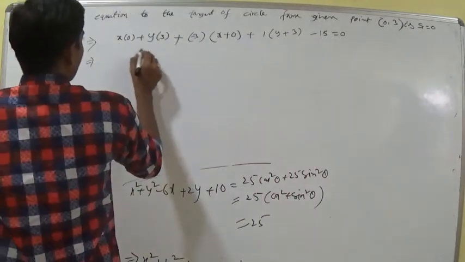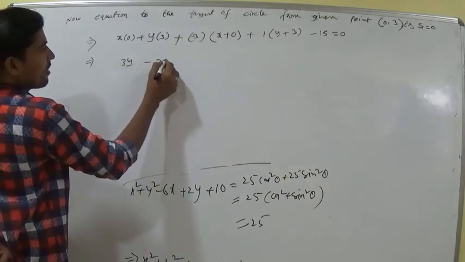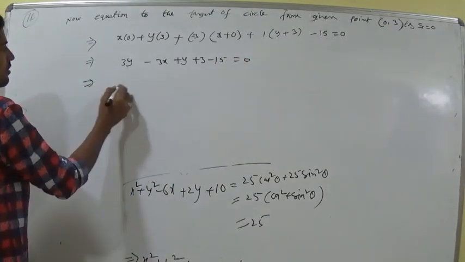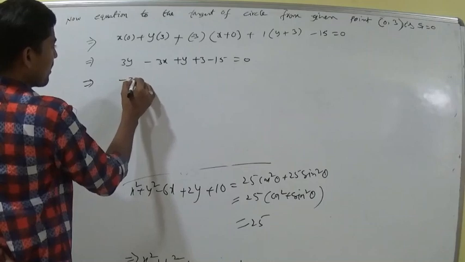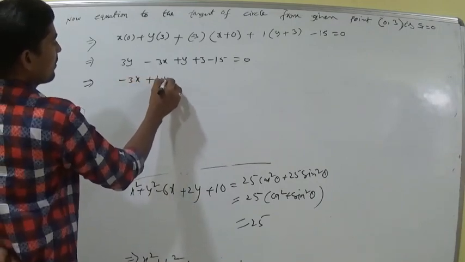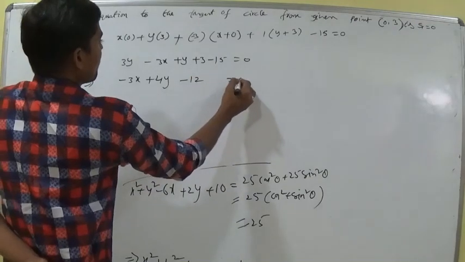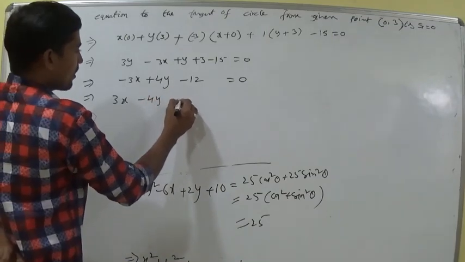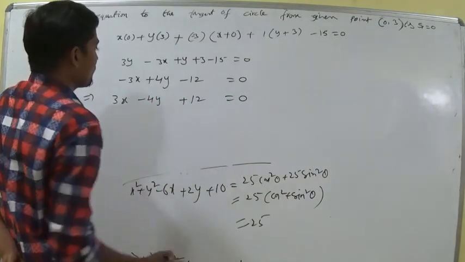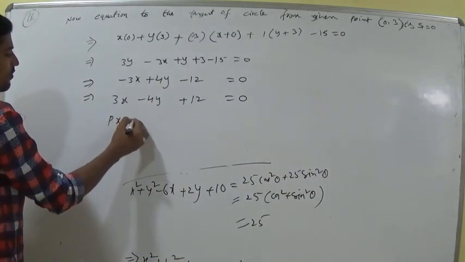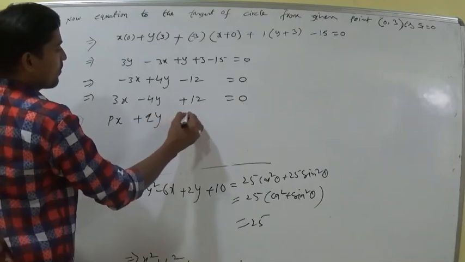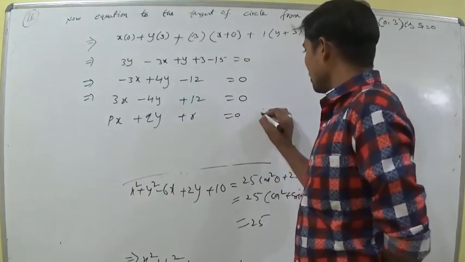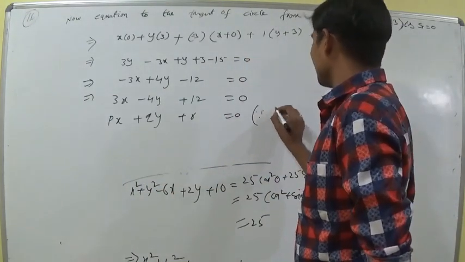So 3y minus 3x plus y plus 3 minus 15 equal to 0, which is equal to minus 3x plus 4y minus 12 equal to 0, implies 3x minus 4y plus 12 equal to 0, which is in the form of px plus qy plus r equal to 0, which has been given according to the problem.